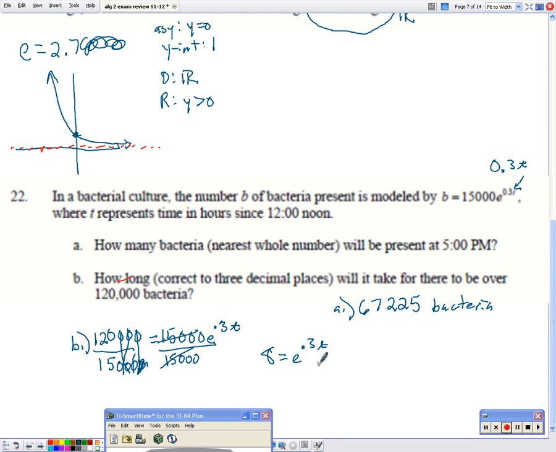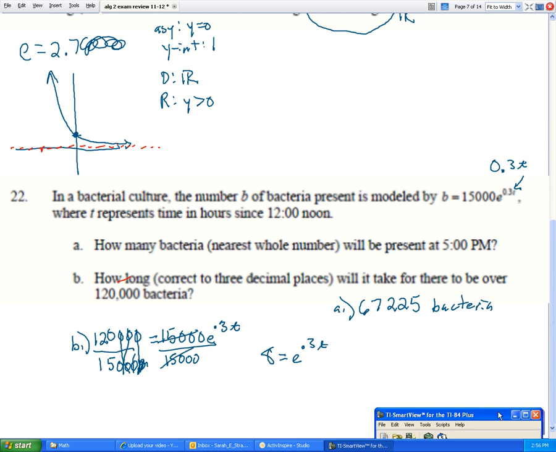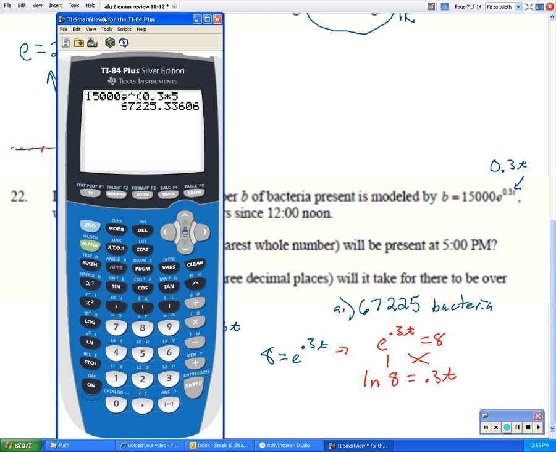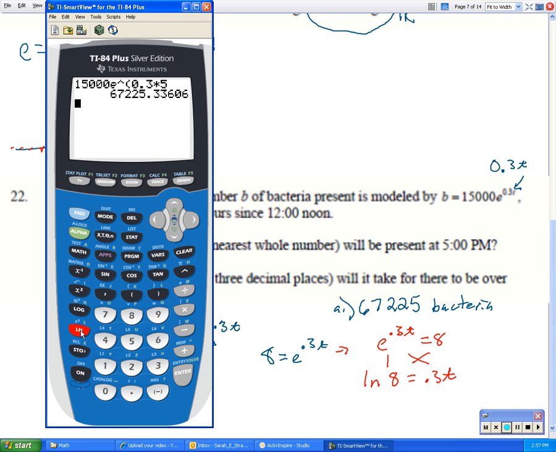What we're going to do is rewrite this as a logarithm. Some of you like to use what we called in class the Roman numeral 9 rule. To use the Roman numeral 9 rule, the exponent had to come first. So I'm going to switch colors here. I'm going to rewrite this as e raised to 0.3t equals 8. And then it was ln, because it was log base e of 8 equals 0.3t. Now I can do ln of 8 on my calculator. So that is that number.